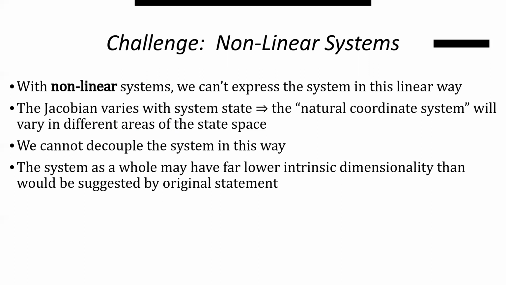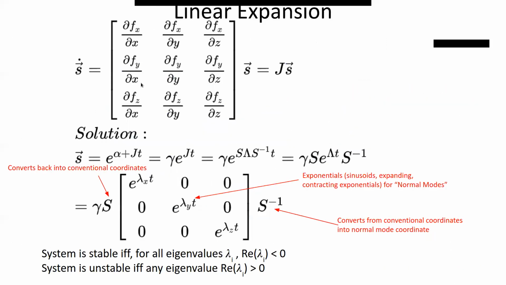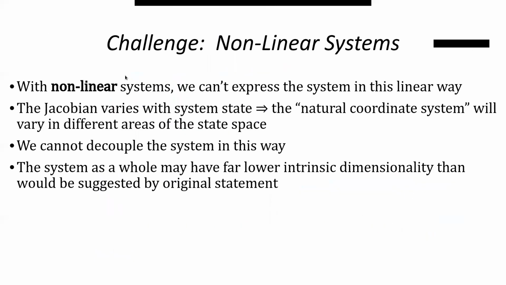And for those who are mathematically inclined, that Jacobian, which characterizes how the rate of changes of the system depend on each state variable, is not a constant. It's not a constant matrix. It's a matrix whose entries depend on system state.